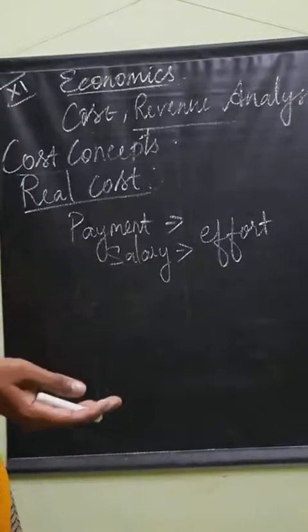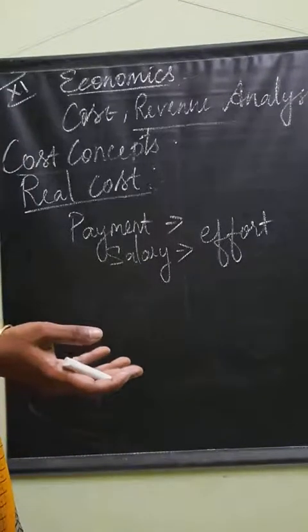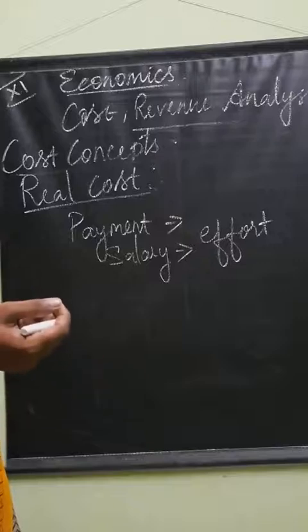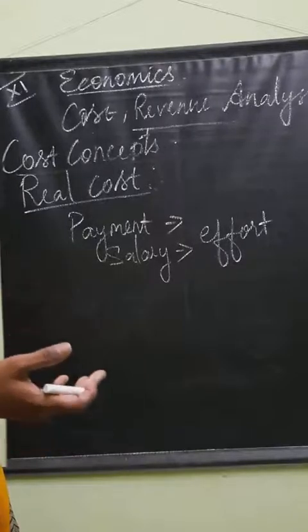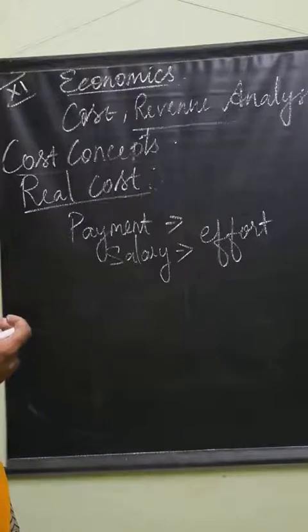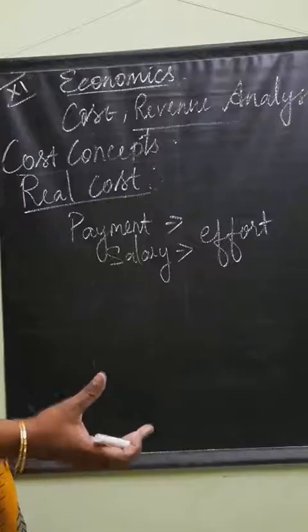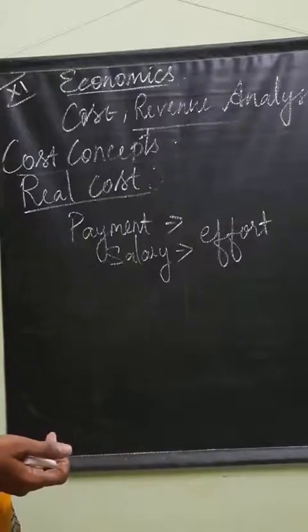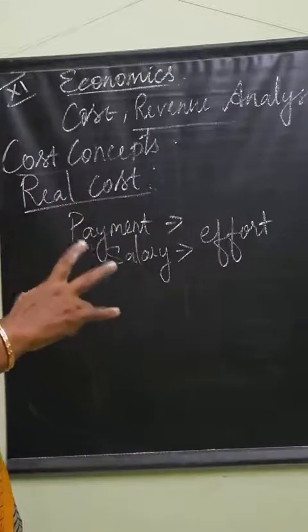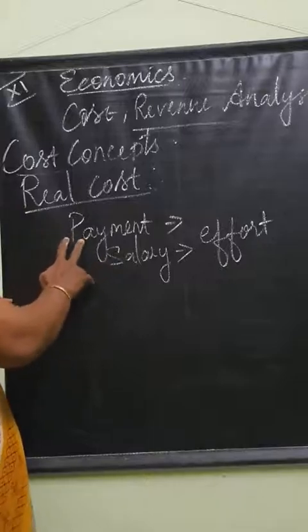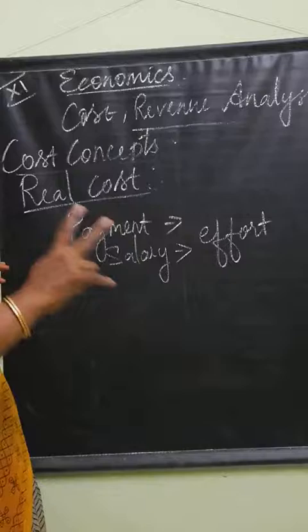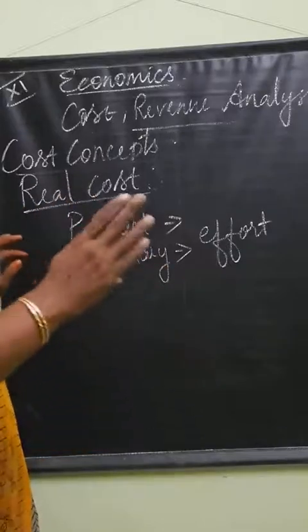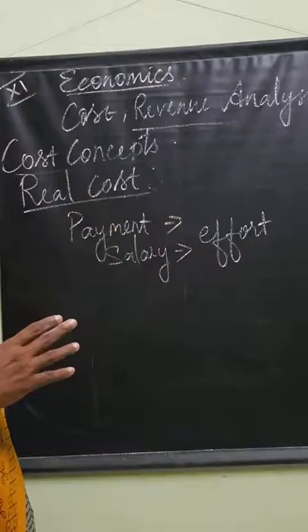For example, nowadays, for COVID-19, so many doctors, nurses, volunteers are working. They are putting in much effort. So the payment is paid to them as a salary to compensate the efforts and sacrifices they made, isn't it?